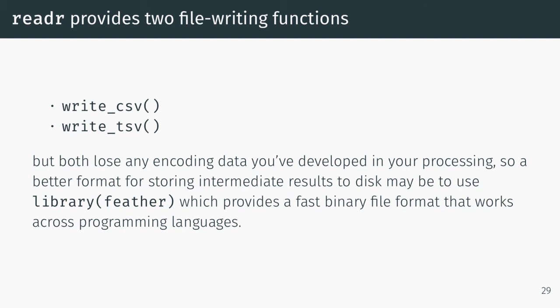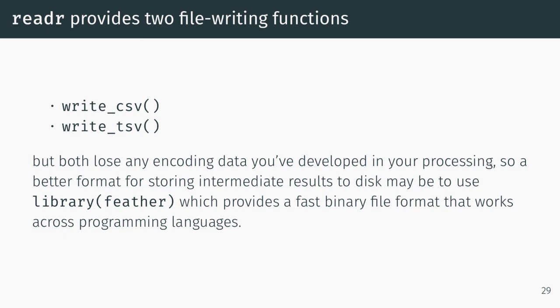And there isn't too much to say about writing. Writing is really pretty simple in R, and you typically don't want to do it. The reason is given right here. Both of these functions which write data lose any encoding data that you've developed in your processing.